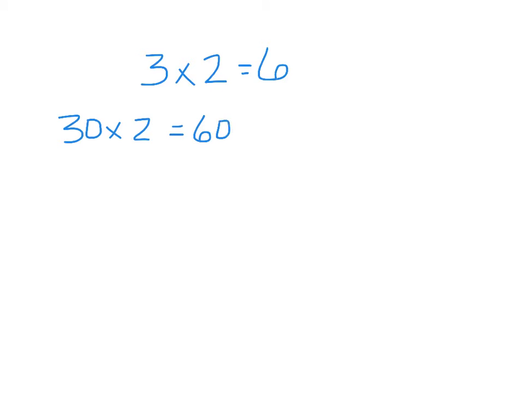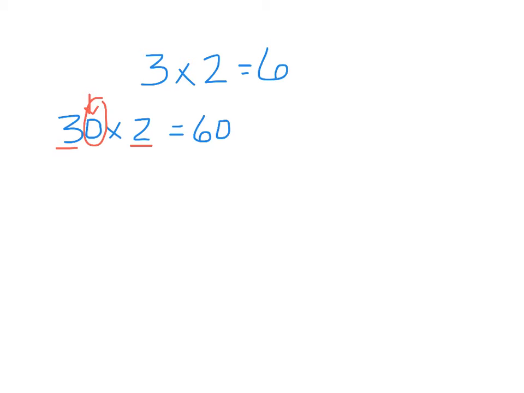And the reason I know that is hiding within this bigger problem, 30 times 2, is my fast fact 3 times 2. And I'm operating just 10 times bigger. So I have 6 as my fast fact, and I need to multiply that 6 by 10. This 0 tells me to multiply by 10.